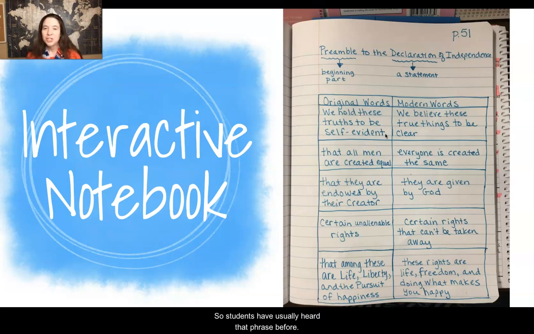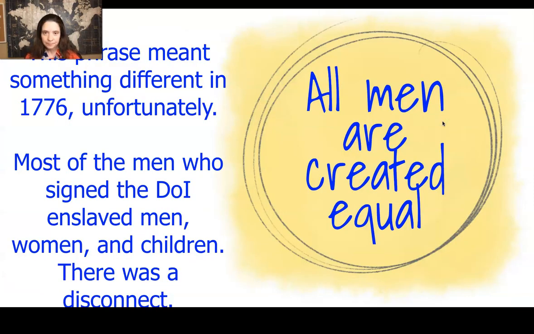So students have usually heard that phrase before. So it means that these rights that are unalienable, that were given to us by God, that cannot be taken away, are life, liberty or freedom, and the pursuit of happiness, or the ability to do what makes you happy.